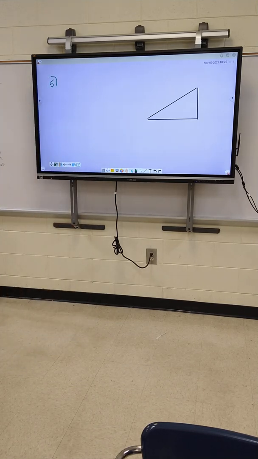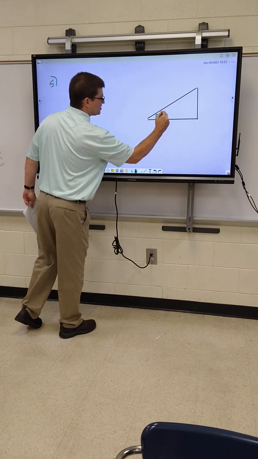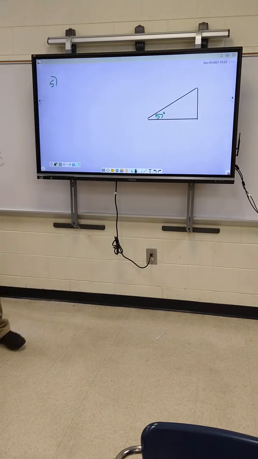All right, Richard is flying a kite. The kite string makes an angle of 57 degrees with the ground. Where does 57 go? 57 degrees is your angle, so it goes on the one on the ground. That's what it says. All right, if Richard is standing 100 feet from the point on the ground up under the kite.